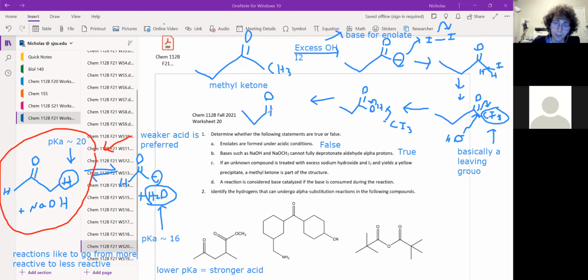And it's a very long process, but in the end, you form, circle it in a different color, you form this as a byproduct because it got protonated. This is iodoform, and in solution, it would precipitate and it would be yellow. So that's what it's referring to.